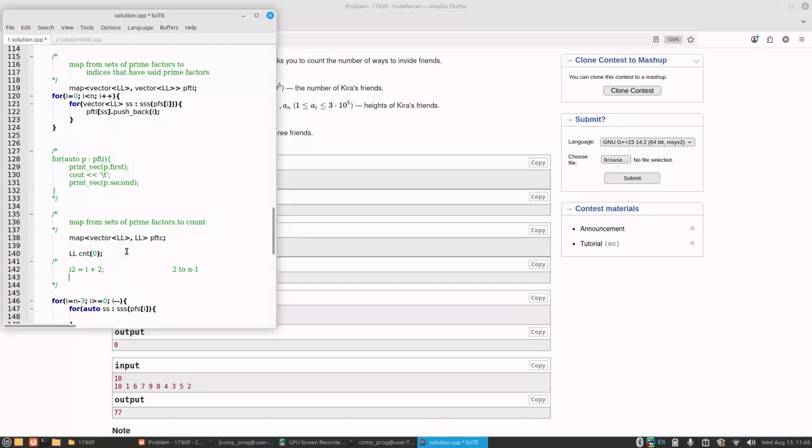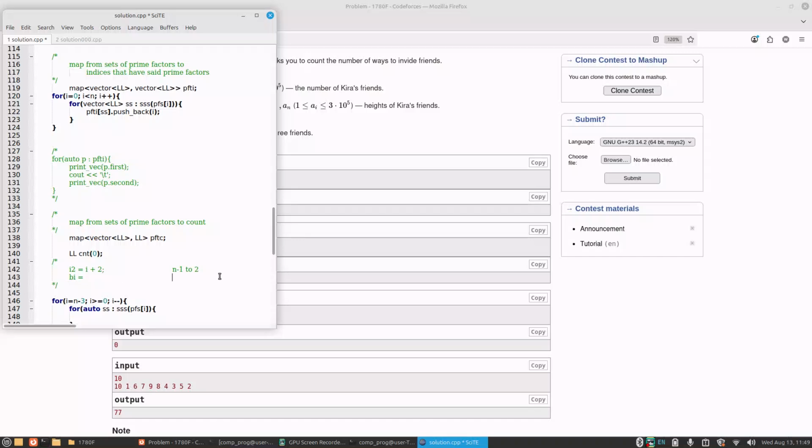Then we want equals n minus. So what do you want this to be?